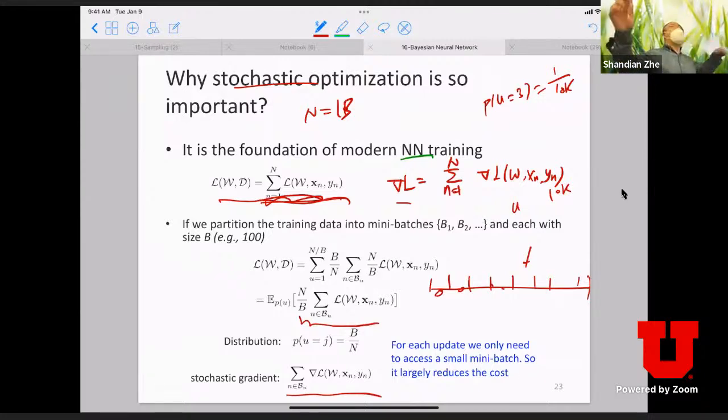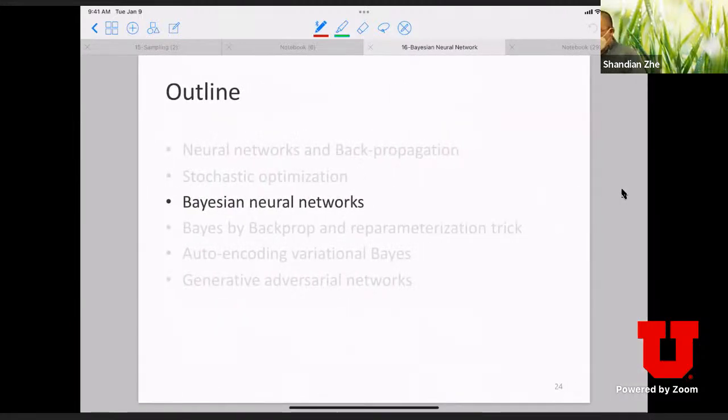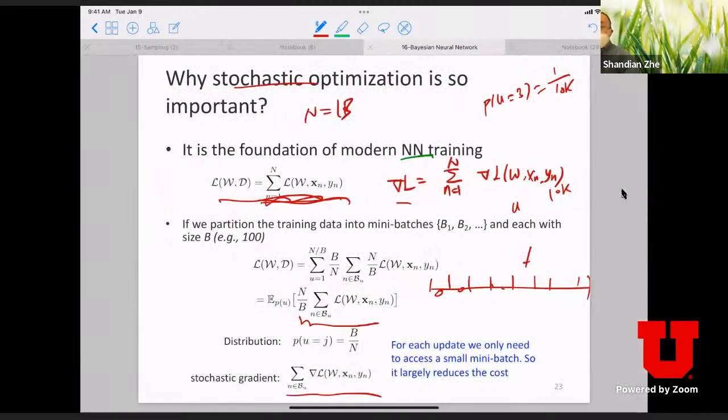So every time I just randomly pick one particular mini batch, which may consist of only 50 or 100 examples, I calculate the stochastic gradient and I use that gradient to update my model parameters. It is a lot cheaper. I don't need to go through every training example, calculate all their losses and add them together. That would be a lot more expensive. So any questions so far?